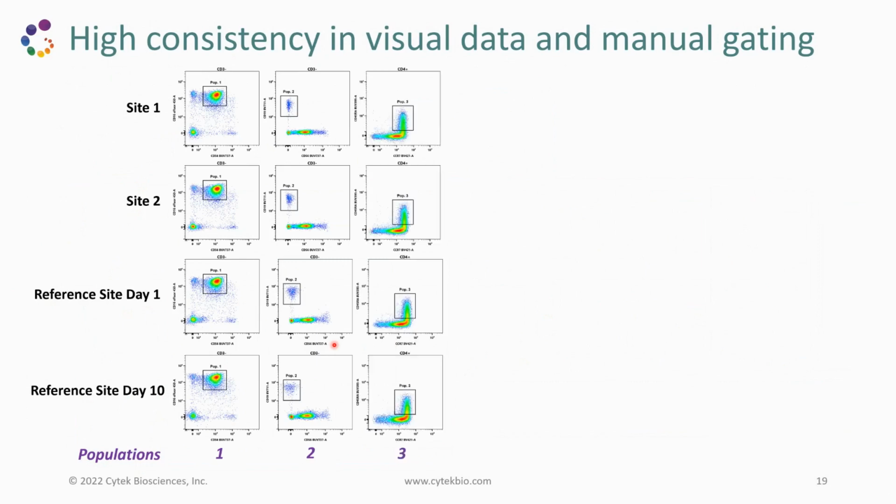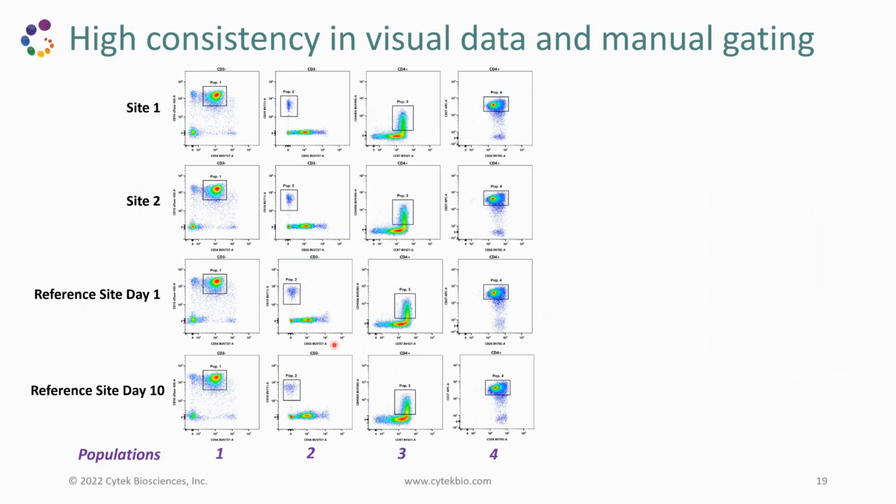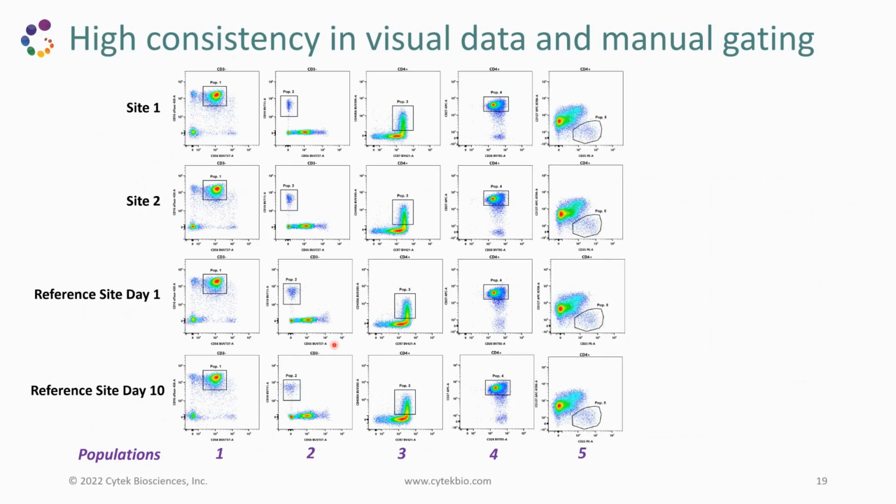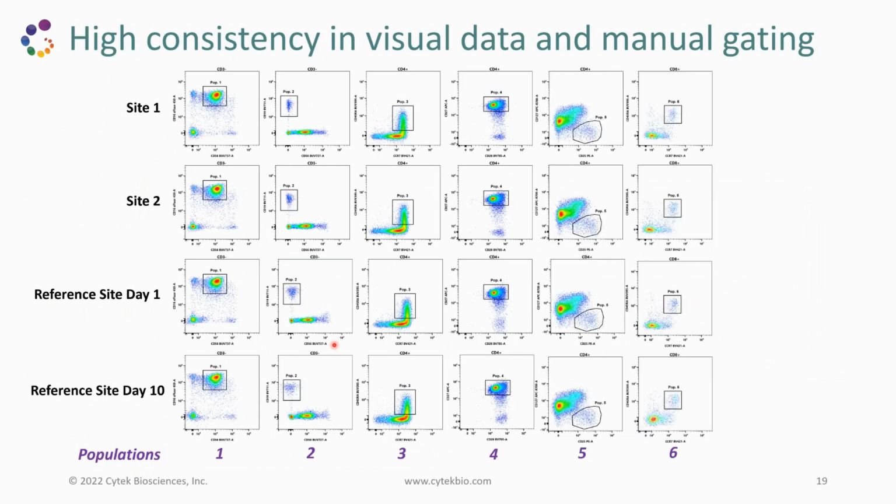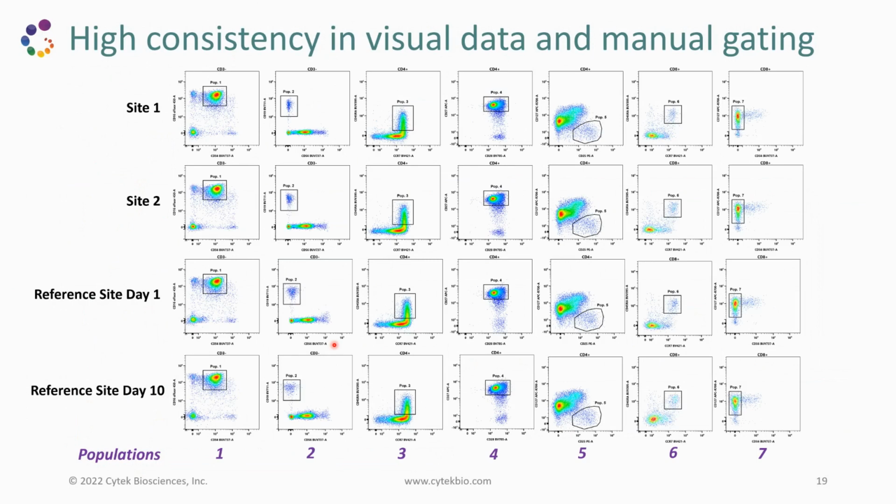These are the B cells. This is a subset of CD4 cells, another subset of CD4 cells, Tregs, and 2 different subsets of CD8 cells. So if you go column by column, what you're going to see is the same patterns, and that this gate at exactly the same position is able to fit all the data sets.